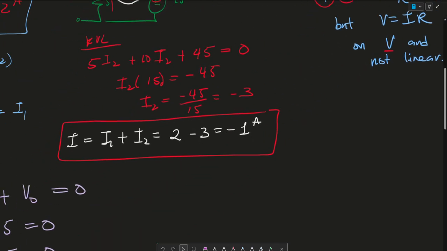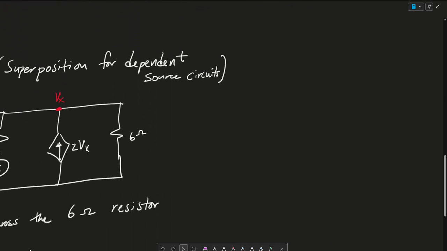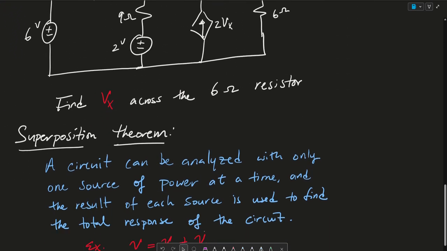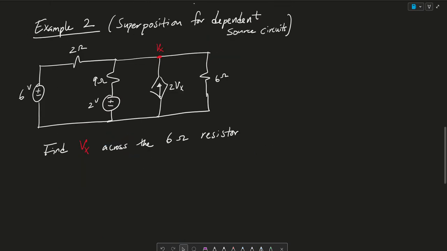So then let's go to the second example. And what I'll do here is I'll get some space here. Now that we have some room, they want us to find Vx across the 6 ohm resistor. And we know that this entire node is Vx because there's no components through it.